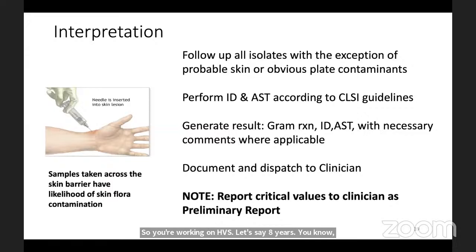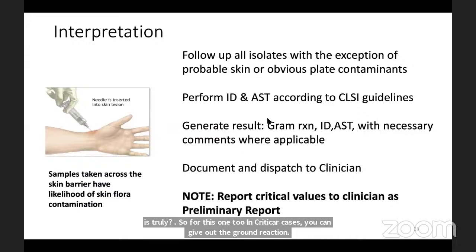You don't go ahead and report to the doctor, I have grown lactobacilli. So always rule out the commensals, the normal flora that can contaminate your sample, and then report what is truly there. So for this one too, in critical cases, you can give out the Gram reaction. For the wounds, for the eye, for the ear, you can give out the Gram reaction.